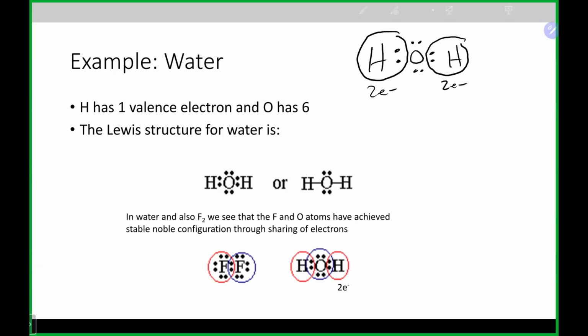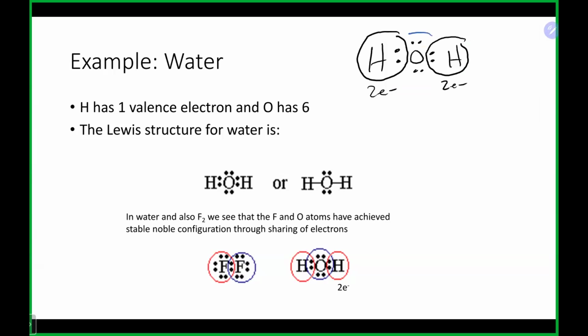And our oxygen, sharing electrons with both hydrogens, will end up with a magical number of 8 electrons through sharing. And obviously with our fluorine, as we saw previously, by sharing electrons, it ends up with 8 electrons on the left and also on the right as well.